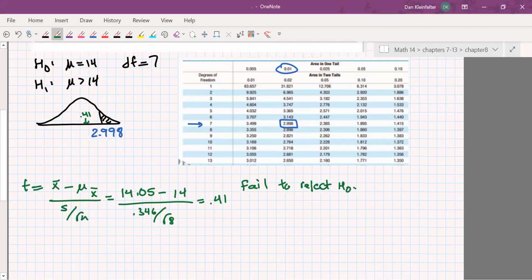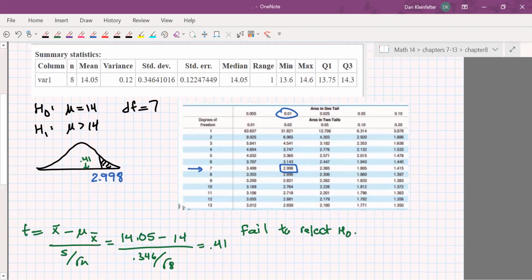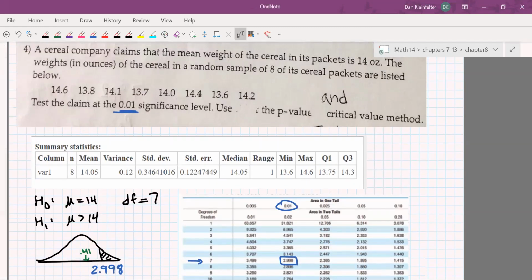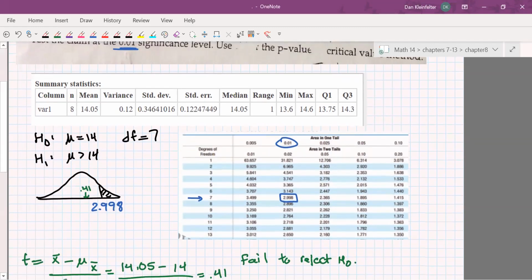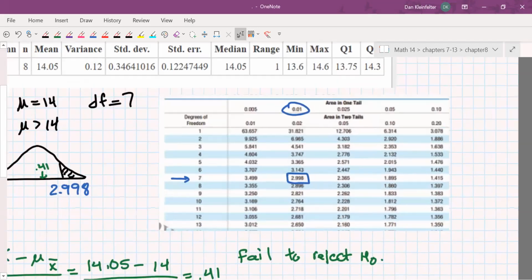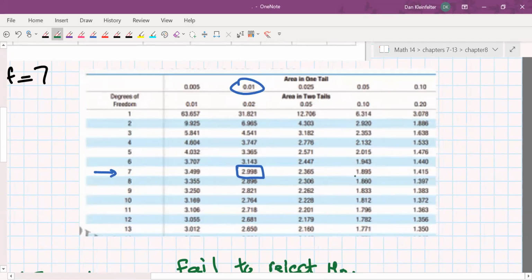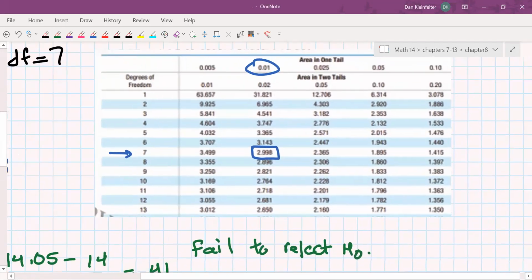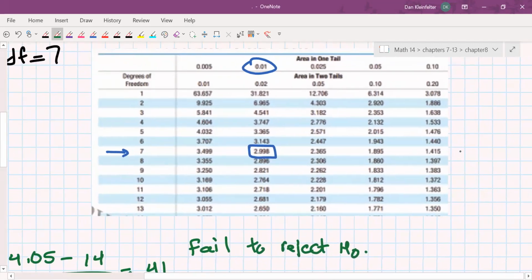All right, so then there's not enough evidence to refute the cereal manufacturer's claim. As far as the p-value method, taking a look in this row, there's definitely not a 0.41, which was our test statistic. If so, 0.41 would have been out here. We would have had a p that is bigger than that 0.10.